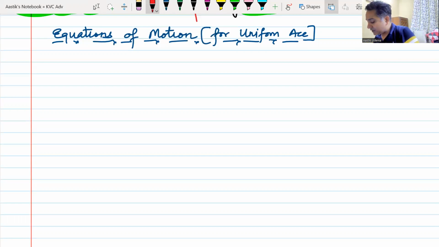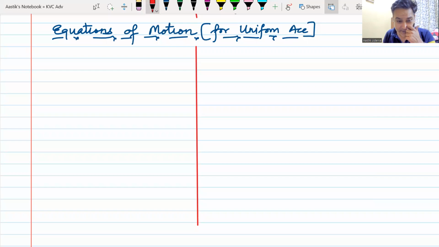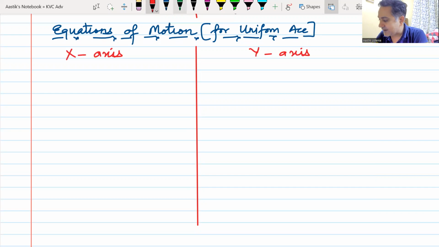Do we understand what I'm trying to do here? So basically, I am going to write the equations, and then we can combine them and write the vector equation. For example, one set of equations can be written along the x-axis, the other set along the y-axis.